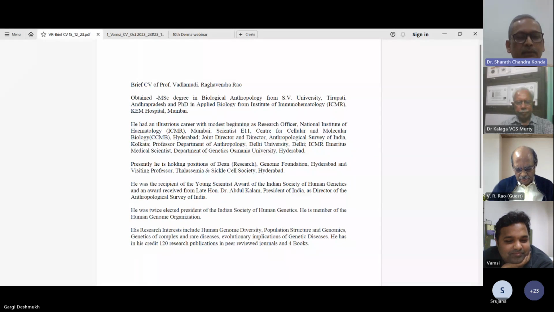Presently, he is Dean Research of Genome Foundation, Hyderabad, and visiting professor, Thalassemia and Sickle Cell Society, Hyderabad. He has many awards to his credit, including the award received from late Dr. Abdul Kalam, President of India. He was twice elected President of the Indian Society of Human Genetics, and he is a member of the Human Genome Organization.